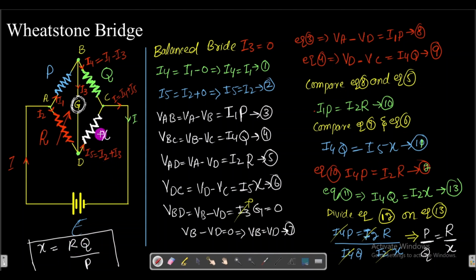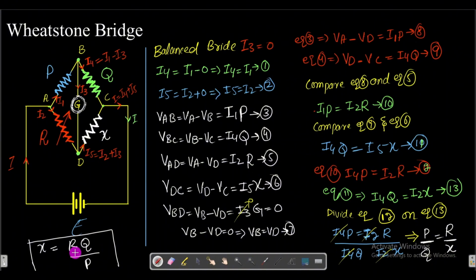So here we consider this resistor as the unknown resistor. The value of that unknown resistor we find through this formula from the known resistors. Here this is the known resistor, this is the known resistor, and this is the known resistor.